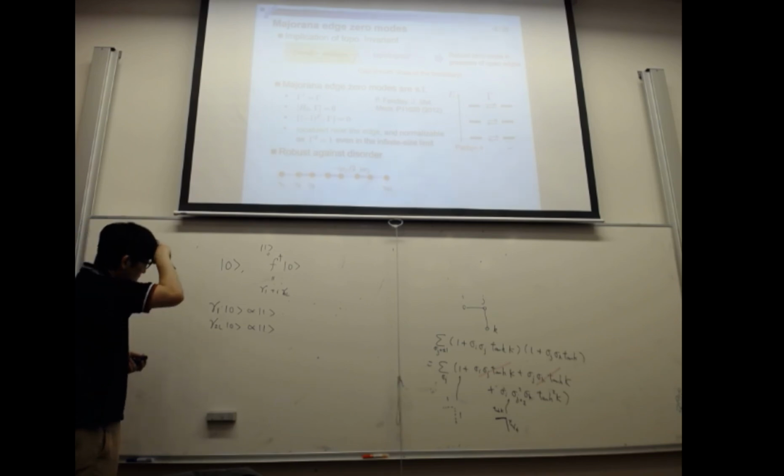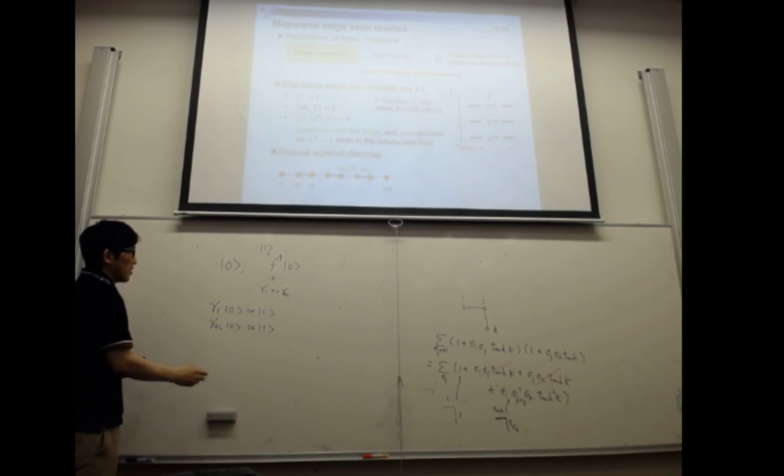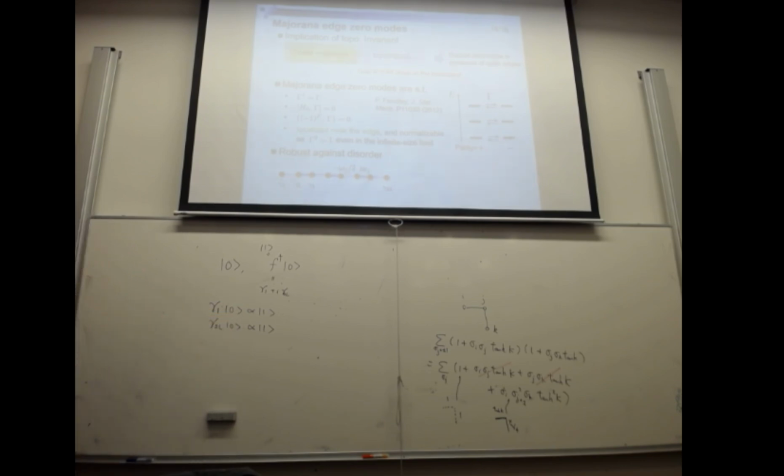Actually, I forgot, but there is an easy way to understand why this is true. You can express the gammas via F and F dagger, and F always acts trivially on 0, so you always get 1. Yeah, you're right.